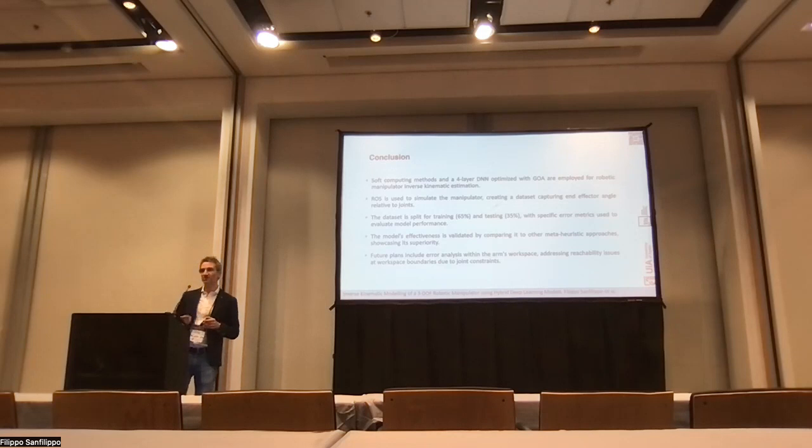Here we have used 3 degrees of freedom. How does it scale to a more complex manipulator, for example, an industrial manipulator with 7 degrees of freedom? As future work, we are going to explore these possibilities, scalability, and testing with a real robot.